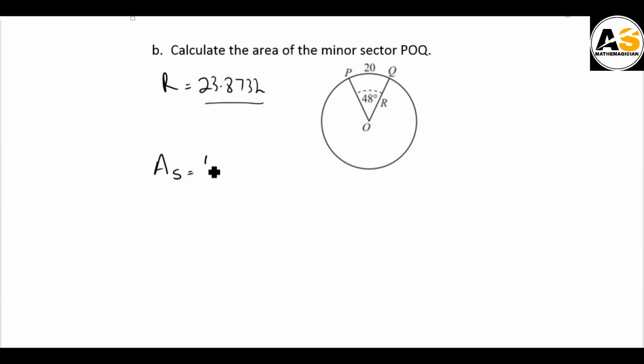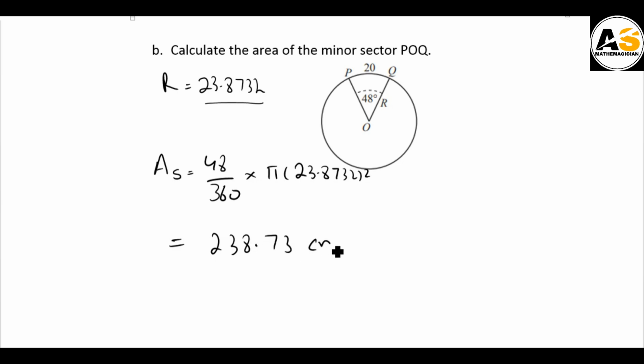This will be central angle over total angle of the circle multiplied by pi multiplied by R square, 23.8732 square. You will use your calculator to get your answer, which will be 238.73 centimeter square, approximately equal to 239 centimeter square.